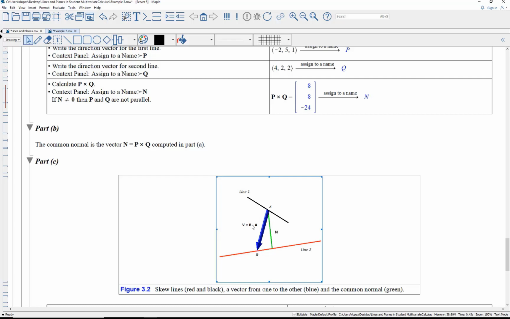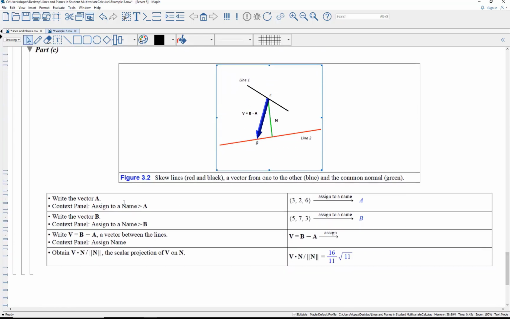By subtraction, you get the vector V from A to B. This green line represents the common normal. You project this vector onto the common normal and get the length of that projection. That will give you the distance between the two parallel planes.